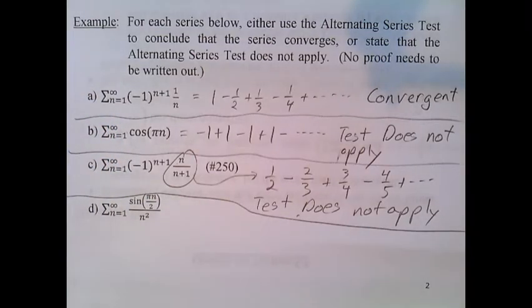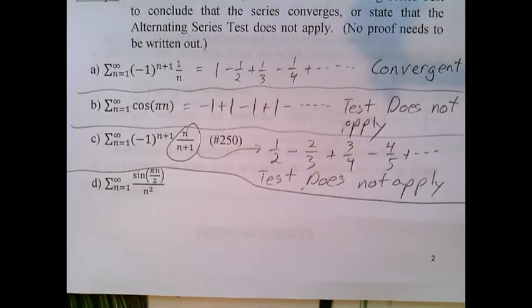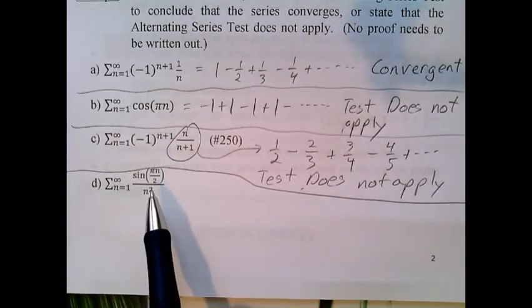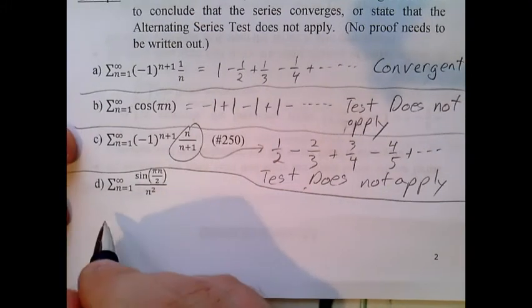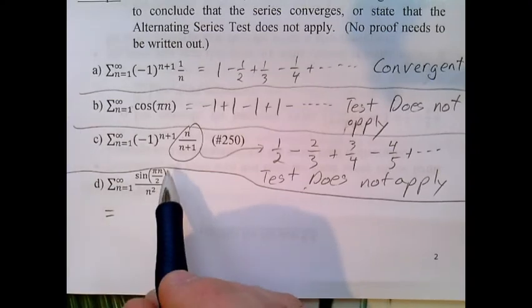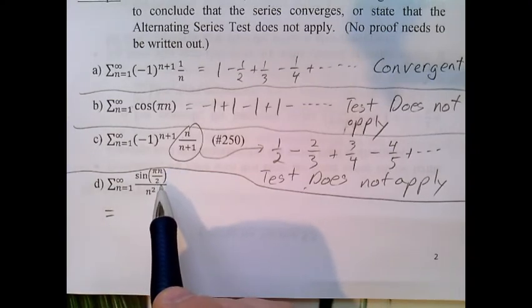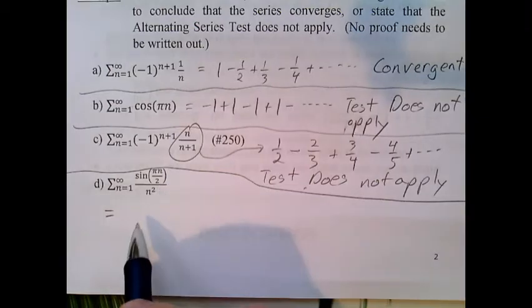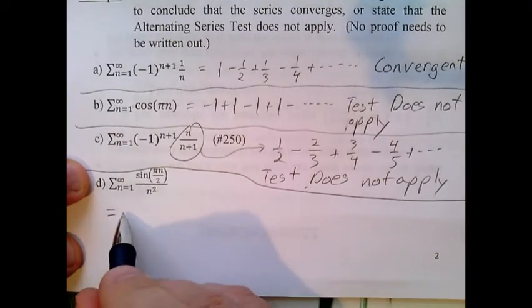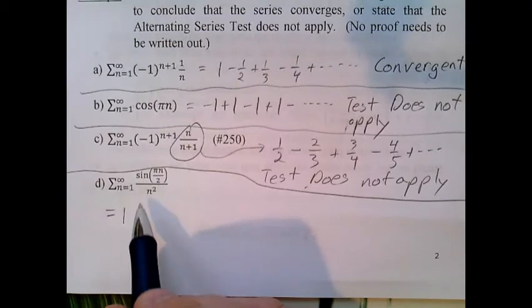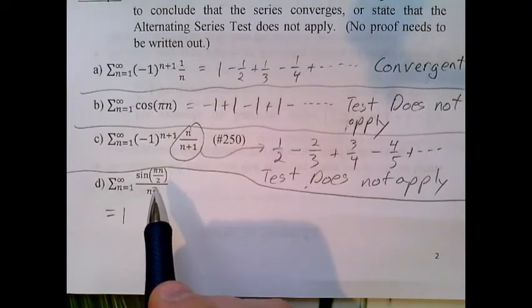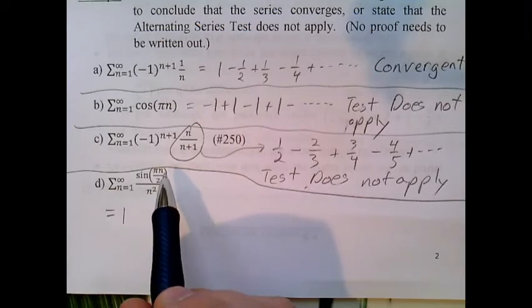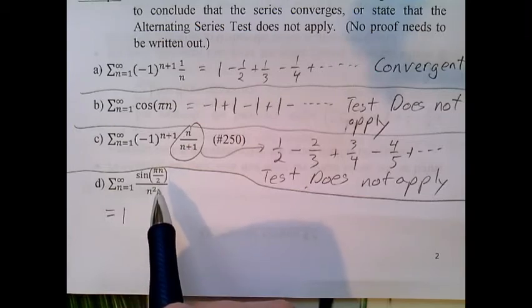Okay, now one last one to look at here. This is actually kind of similar to that cosine one. It's not immediately obvious that it is even an alternating series at all, but when you start writing out the terms, when n is 1, we'd get sine of pi over 2. Well, that's 1. So 1 over 1 squared is 1. But then when n is 2, we'd get sine of pi.